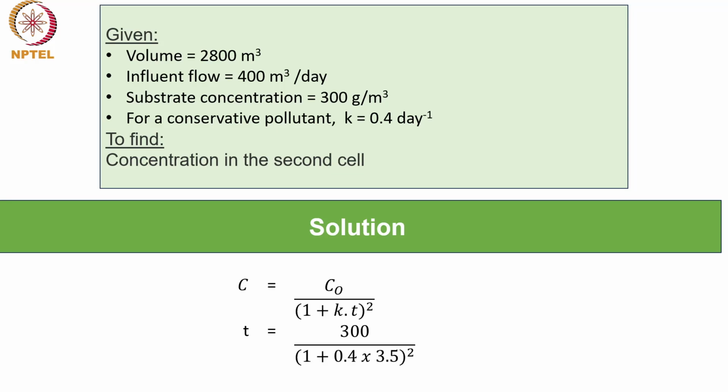So the formula is C equal to C naught divided by (1 plus KT) the whole square. C naught is the initial concentration, that is the substrate concentration. It will be 300. Since it is a non-conservative pollutant, the reaction rate constant K is given as 0.4, and this 3.5 is taken from the previous problem.